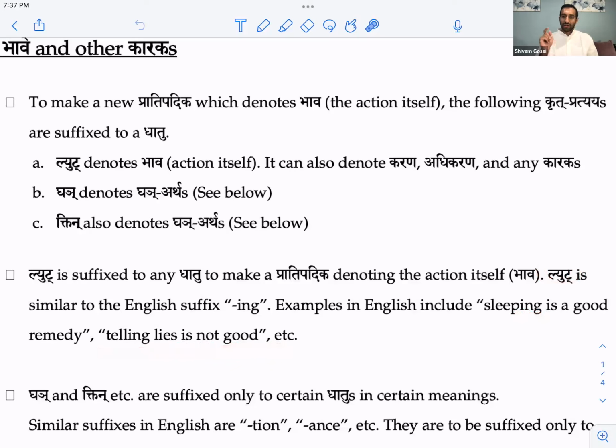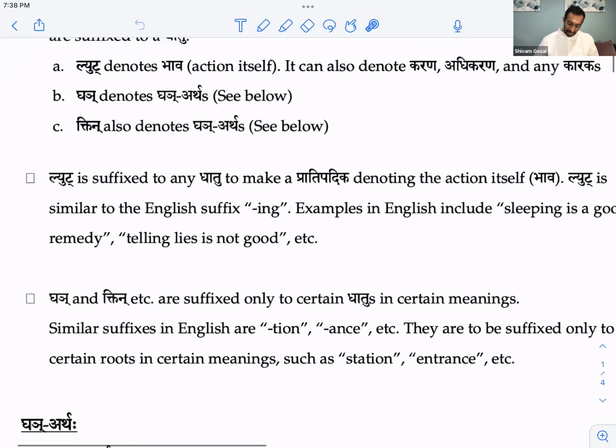The dhatu of that word is tell. And we add the pratyaya ing. Telling lies is not good. So similarly, when we add lyut in bhave, it adds that sense of ing, meaning it's doing it in the present. Okay. We're not going to see these in detail right now because we'll come back to them.